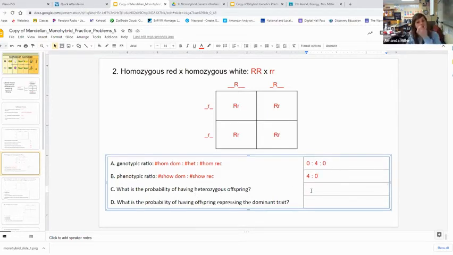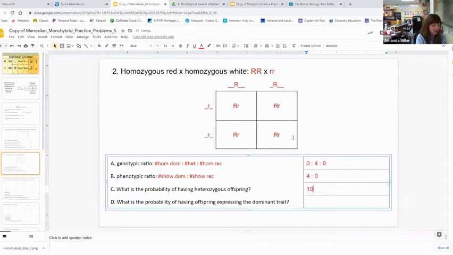Okay, the last thing you need to know how to do is calculate probability. What is the probability of having a heterozygous offspring? Remember that probability is the number of times an event happens divided by the number of times it could happen. So the probability of having heterozygous offspring, we have 1, 2, 3, 4 out of 4, okay?